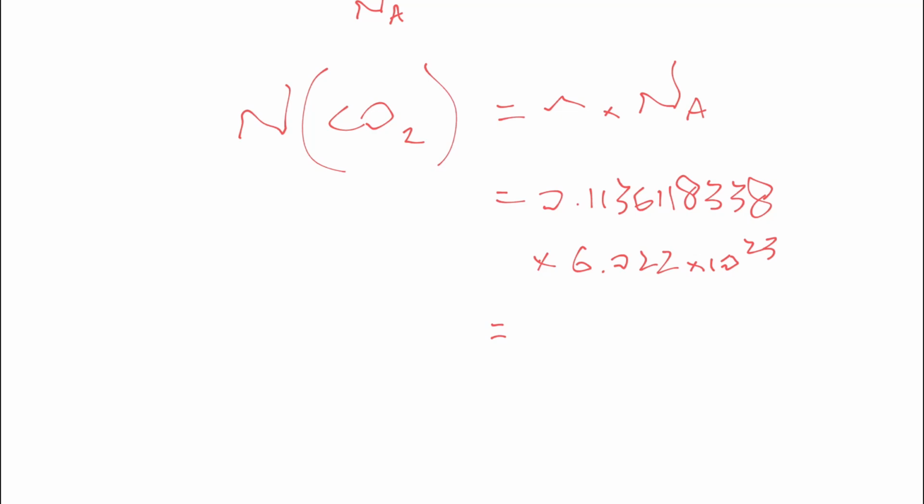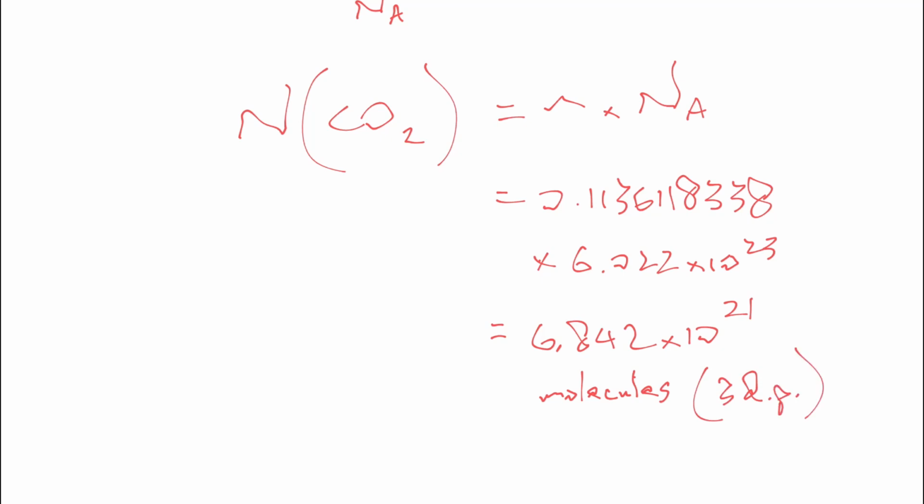Well, I'm just going to go straight to my rounding, 6.842 by 10 to the 21 molecules. Now this has been rounded, so what do I need to do? I need to show my rounding. That is to 3 decimal places. 3 dp says 3 decimal places. And that was that question.